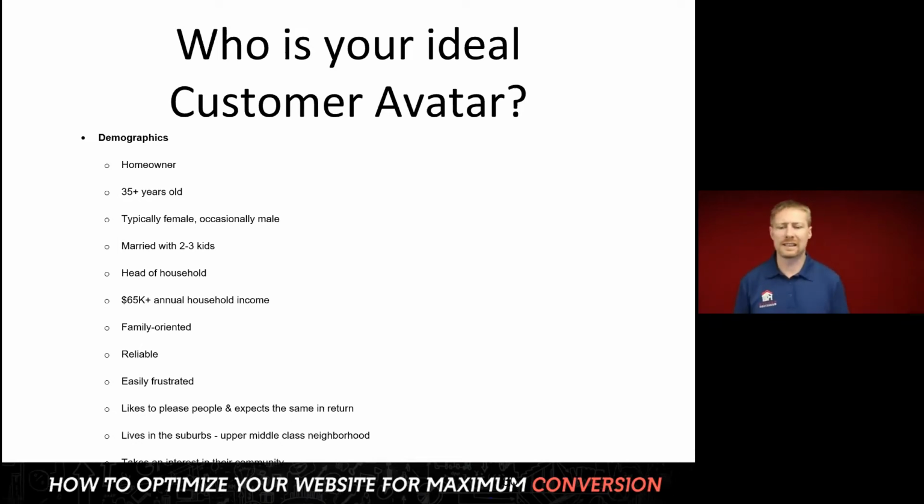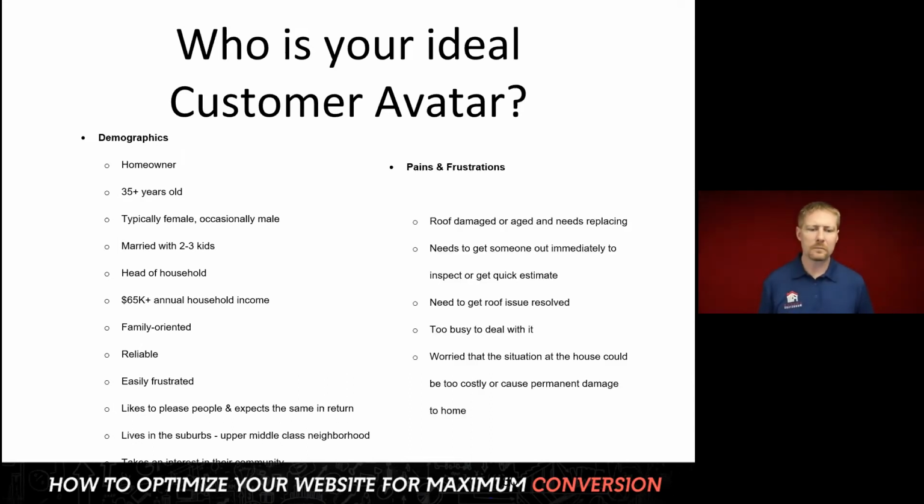Head of household, $65,000 plus annual income. That'll vary depending on the market that you're in, right? They're family oriented, reliable, easily frustrated. They like to please people, and they expect to be pleased in return. That's a big factor, right? Maybe they live in certain suburbs in your markets, upper middle class neighborhoods, and they take an interest in their community.